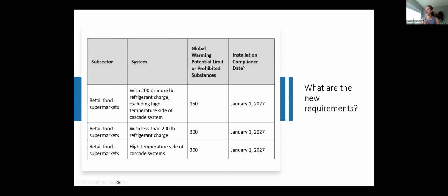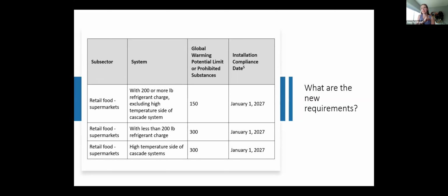Then lastly, we're going to talk about retail food refrigeration systems. This is based on the amount of refrigerant charge within the refrigeration system.